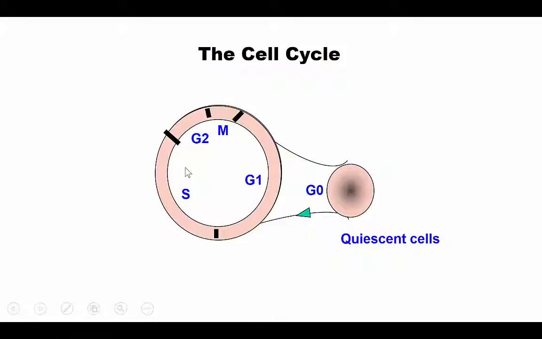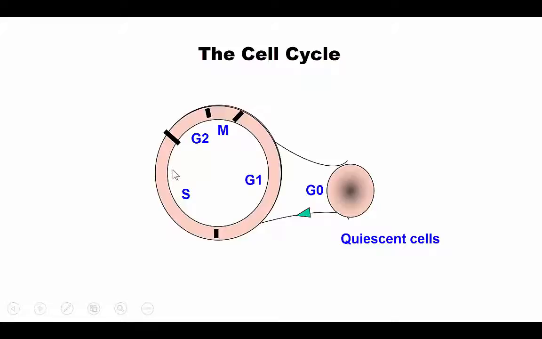Remember, each cell should have one copy of genetic information, and those are stored in DNA. So the most important part of cell division is making exactly the same copy of DNA to donate to the daughter cells. So that's why this second step of synthesis of DNA is most important.